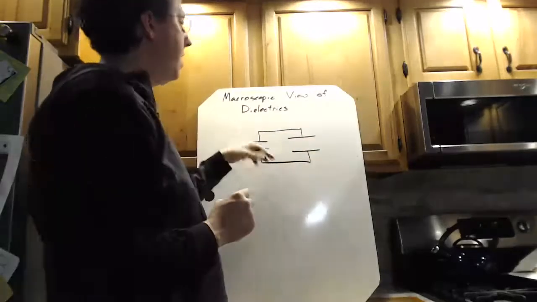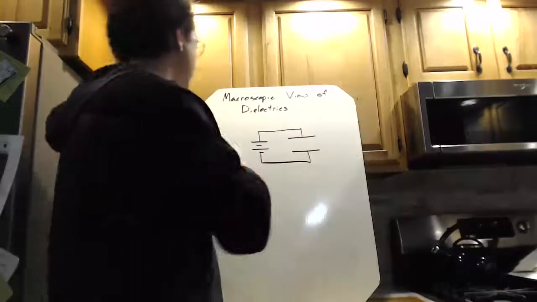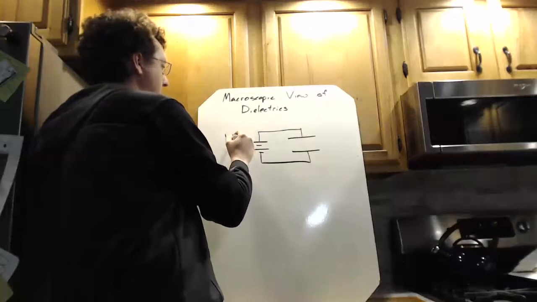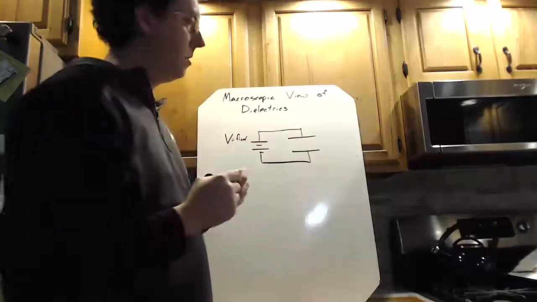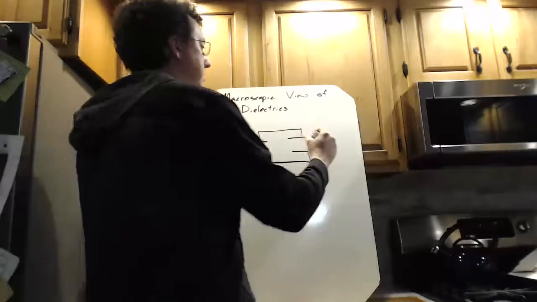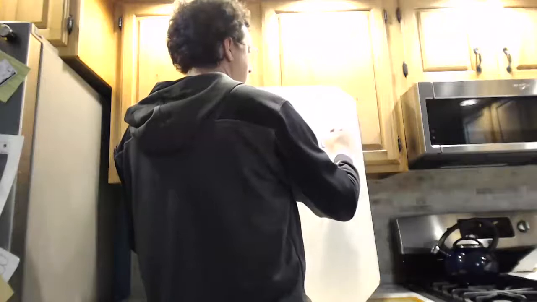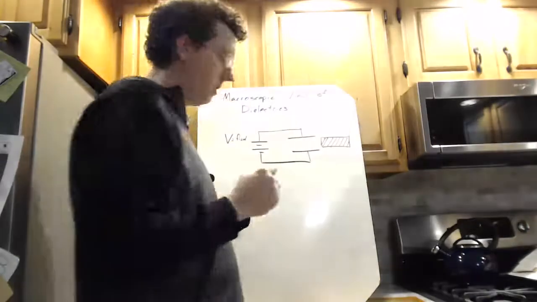Okay, so the battery is just going to act to keep the voltage fixed. So we're just going to say V is fixed, right? And then what we want to do is imagine we have a slab of junk. A lot of times it really is just some junk.